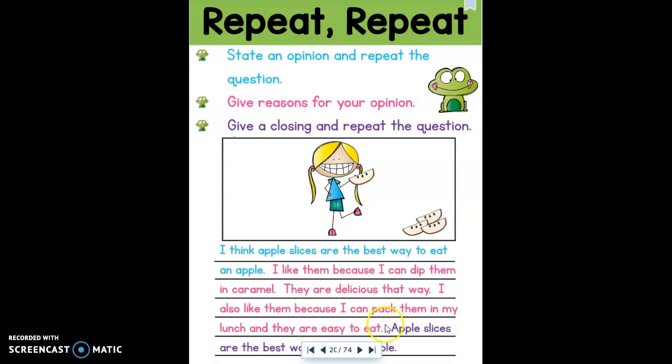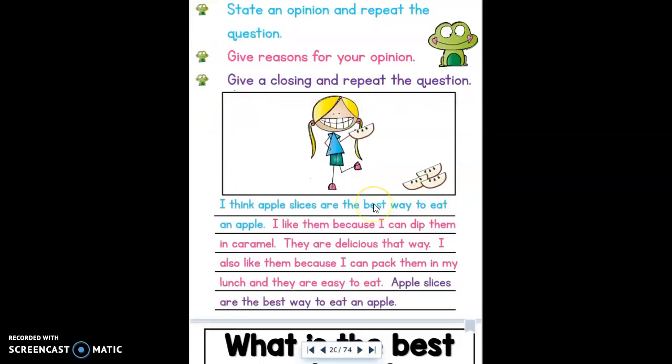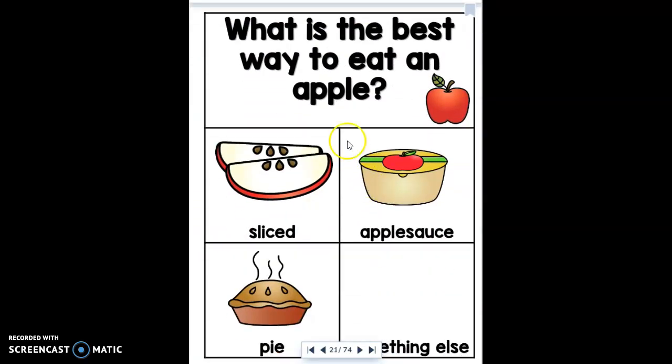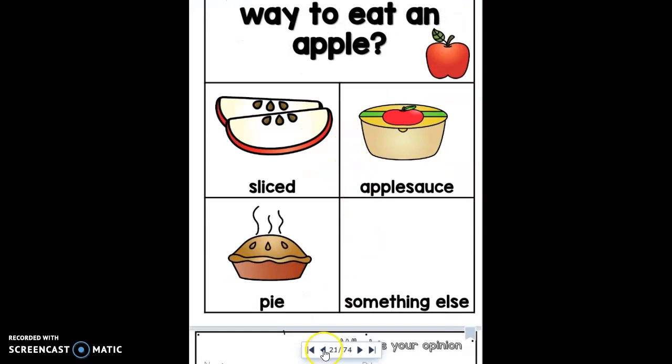And then she finished up with the closing sentence, which is the purple, and it says, give a closing and repeat the question. Apple slices are the best way to eat an apple. So there you would just say your opinion. Apple pie is the best way to eat an apple. Okay? So you're going to consider the options today. So here are the choices that they give us.